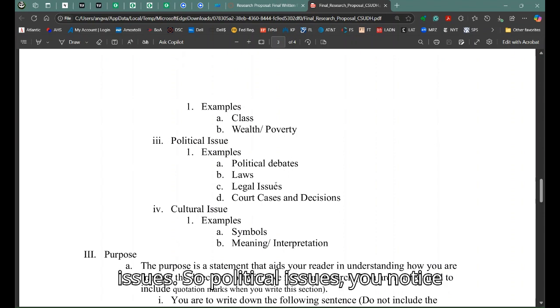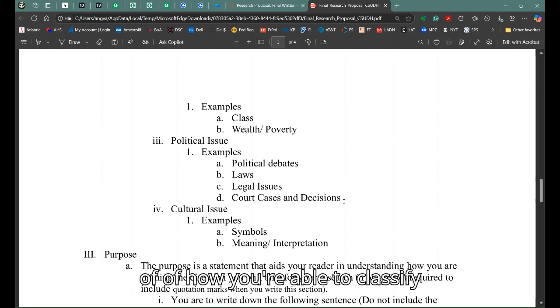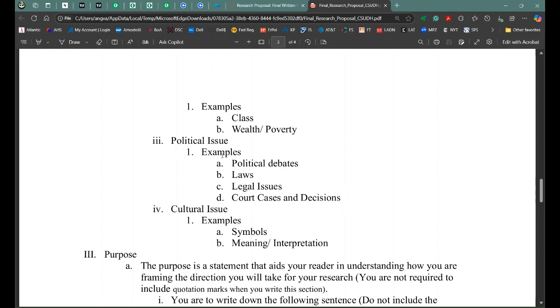So, political issues: you notice that there are a lot of different examples of how you're able to classify a political issue. You could look at political debates.